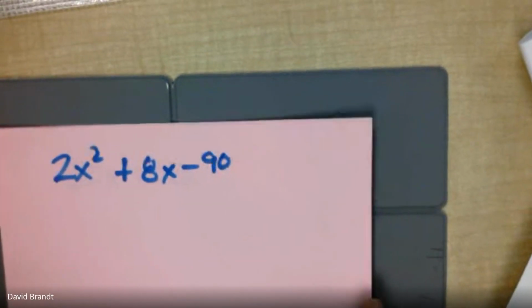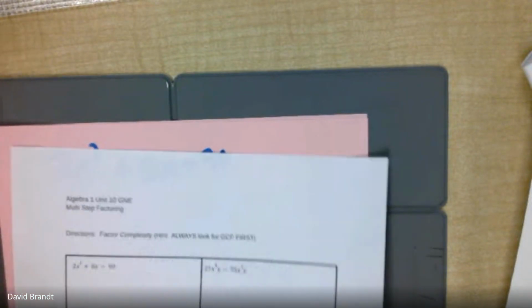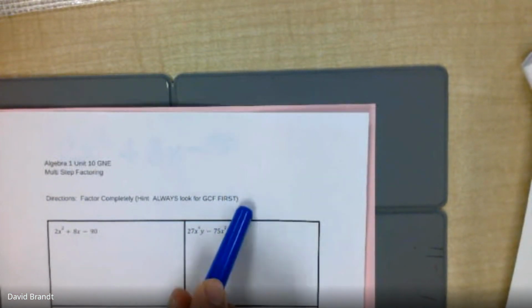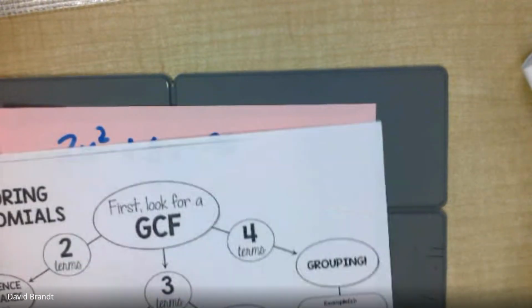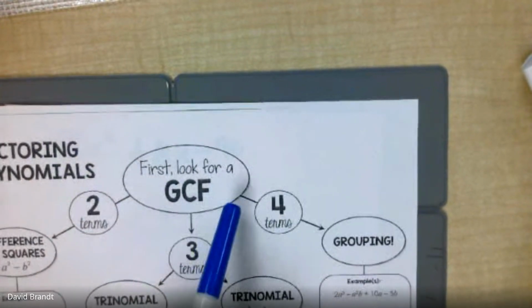All right, so let's see. The first example that you see on your paper is this one, all right? And it tells you a hint up here. Hint: always look for greatest common factor first, no matter what. In fact, it tells you on this roadmap, all the way at the top, always look for a greatest common factor first.